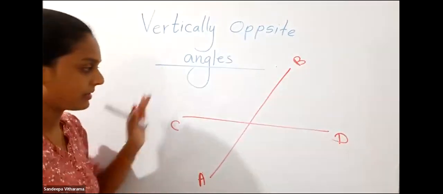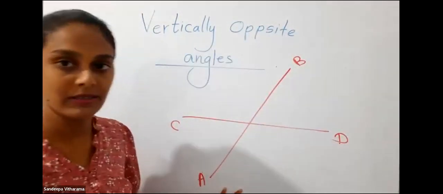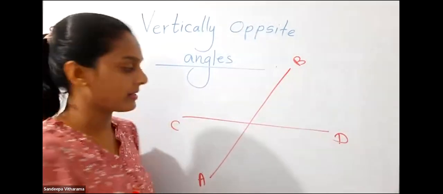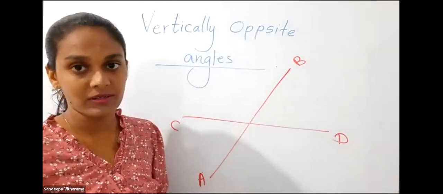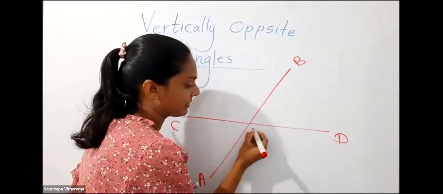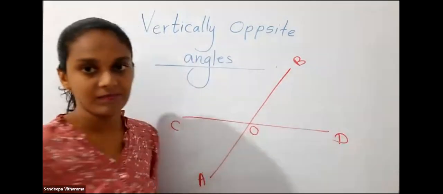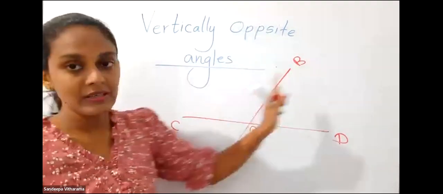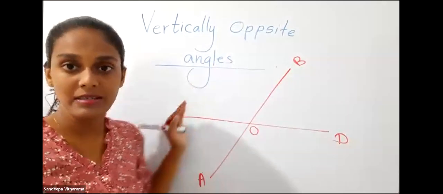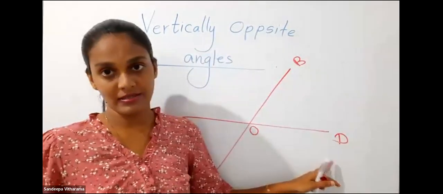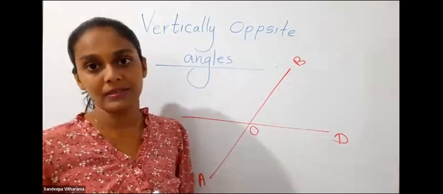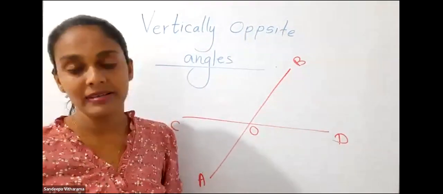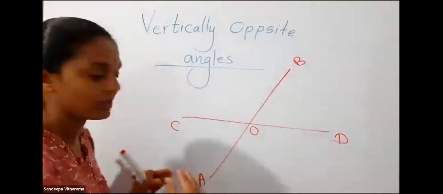AB meets, intersects CD at point O. AB straight line segment is intersected by CD straight line segment at O, we can say. Okay? Then two angles which are face to each other.